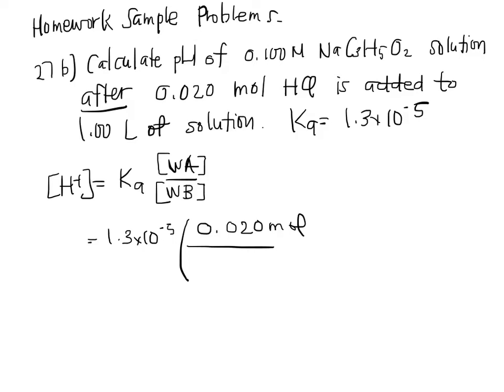The rest of it is all from here. So then that's my base part. I'm going to subtract what I started with. My original number of moles is 0.1 moles. That's my mole base, minus the amount of acid I put in there.